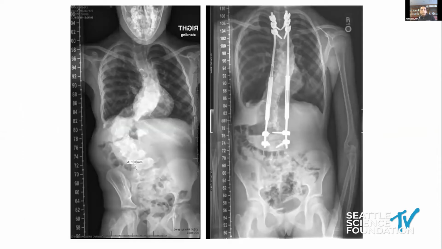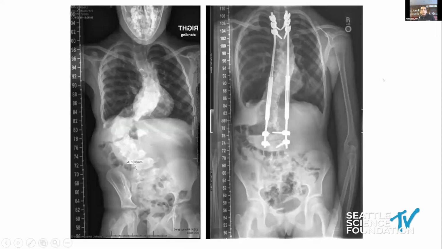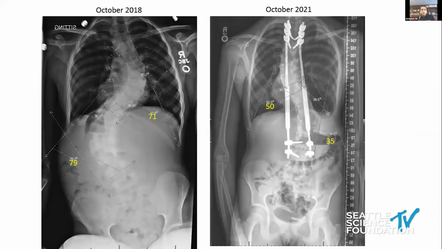So this is pre-op. This is what they look like right now, and obviously we need to continue this until he's grown enough to do the definitive surgery. But this obviously buys them fewer trips to the OR and hopefully fewer complications overall. And that's it. Thank you.